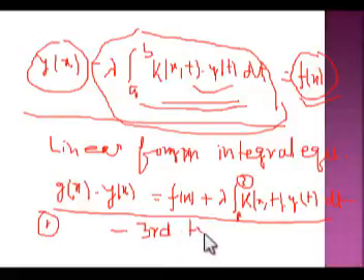Now, if the upper limit is constant, then this will be a Fredholm integral equation of the third type. And if the upper limit is a variable, then this will be a Volterra integral equation of the third type.